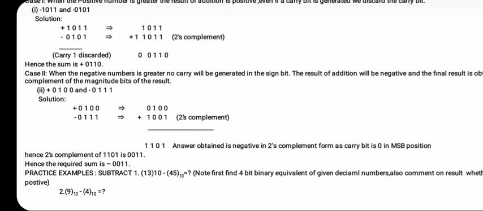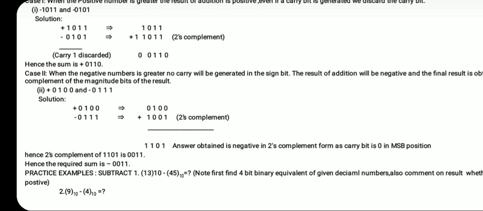Then what is done here? Look at this. We carry out the subtraction of the given numbers. How will we do it? Again start from the LSB. So when you start from the LSB, what are the first LSB bits? What is the first step of the procedure?